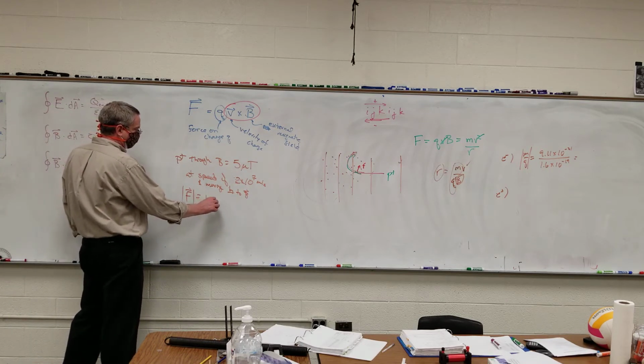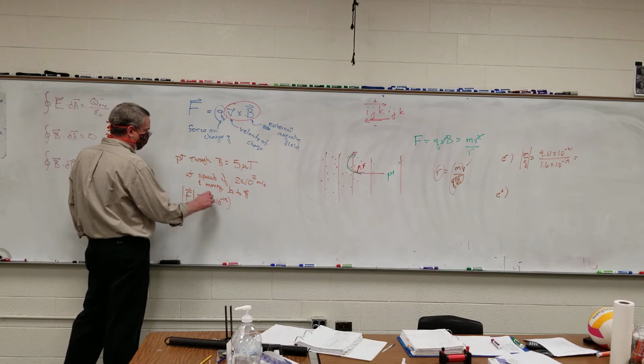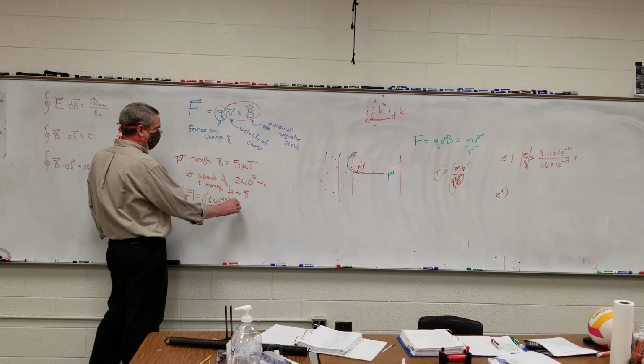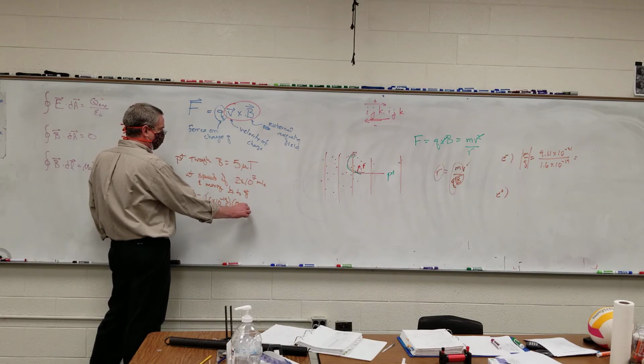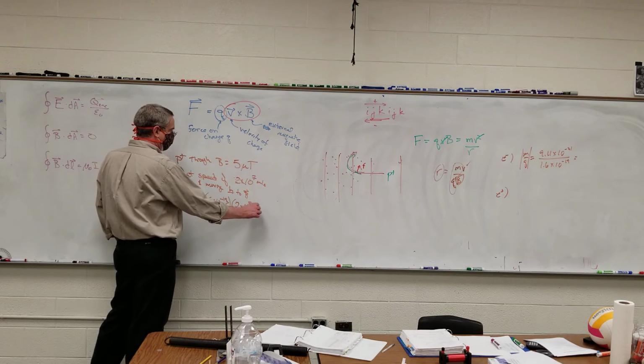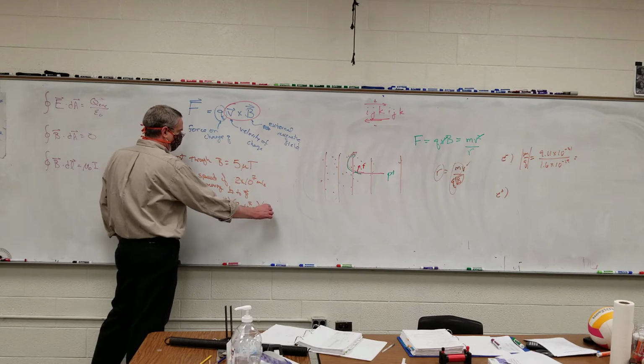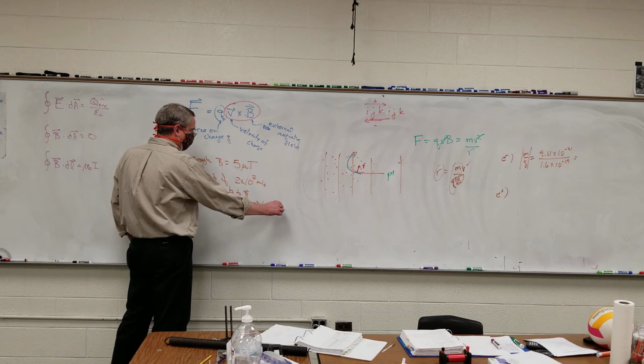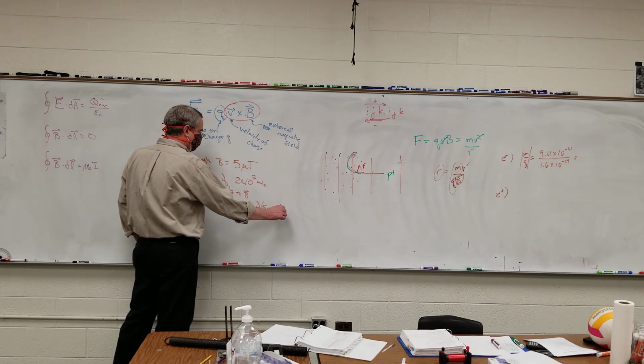So it's 1.6 times 10 to the negative 19 coulombs times my speed, 2 times 10 to the 7th meters per second, times my magnetic field of 5 times 10 to the negative 6 Tesla.